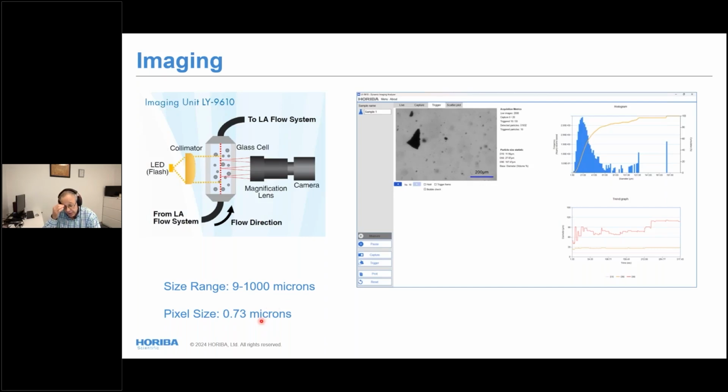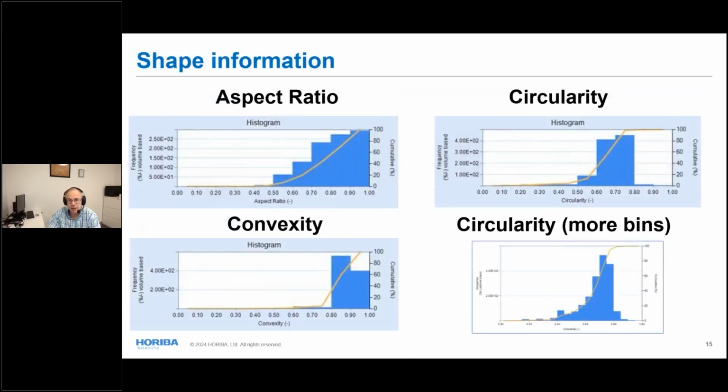If you look at some of the standards on imaging systems, they say 1 pixel is 1 particle. We're a little less convinced of that. If you have a particle that's 1 pixel, it could be camera noise. That's why we set our spec at such a high particle size.